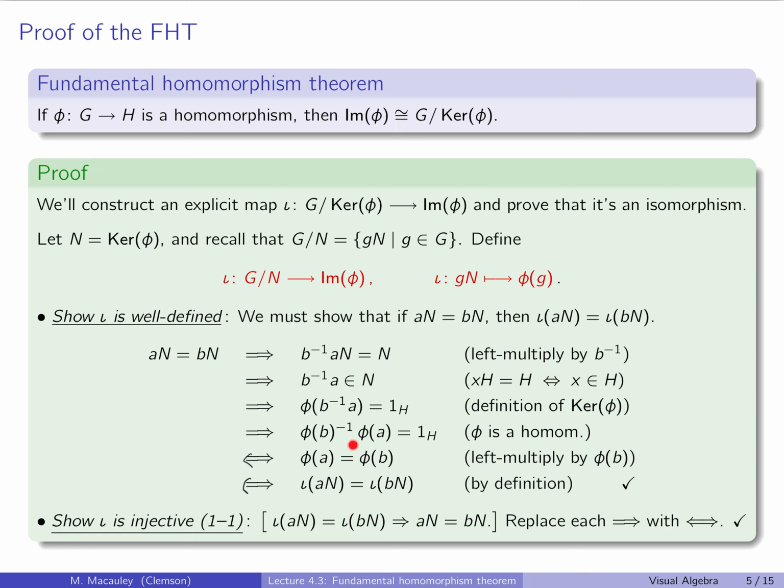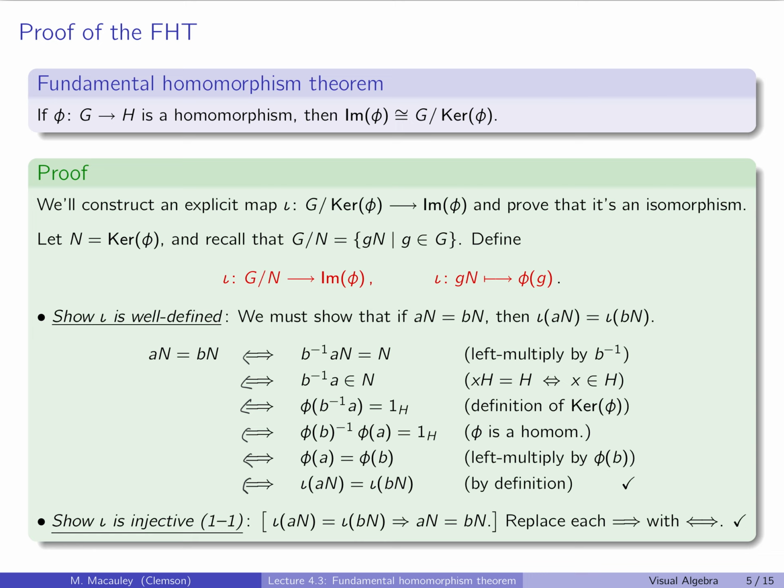And now we can use the property of homomorphisms to write phi of b inverse a equals the identity. But that's the same thing as saying b inverse a is in the kernel to begin with. And if b inverse a is in N, then by our boring but useful coset lemma, b inverse a times N equals N. And we can move the b inverse over and just get aN equals bN. And that is what we had to show.